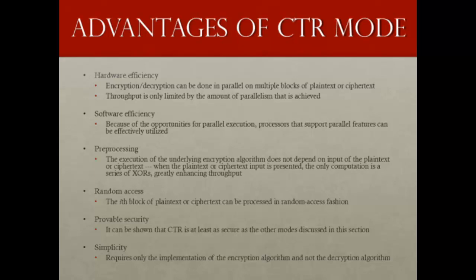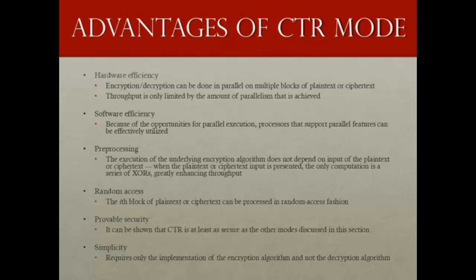For the chaining modes, the algorithm must complete the computation on one block before beginning on the next block. This limits the maximum throughput of the algorithm to the reciprocal of the time for one execution of the block encryption or decryption. In CTR mode, the throughput is only limited by the amount of parallelism that is achieved.